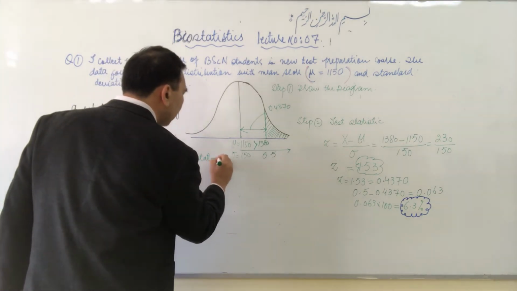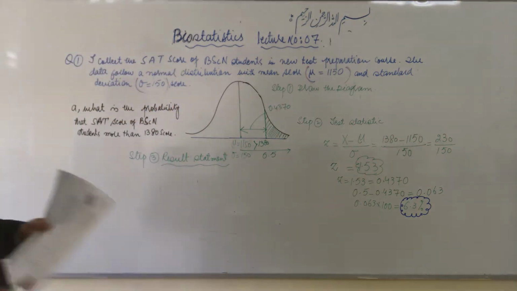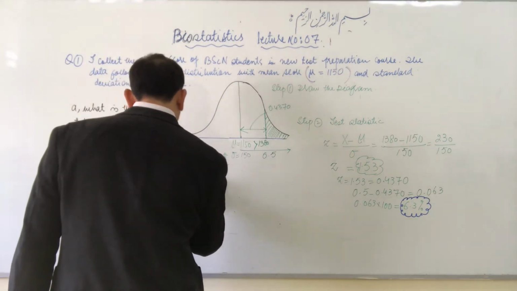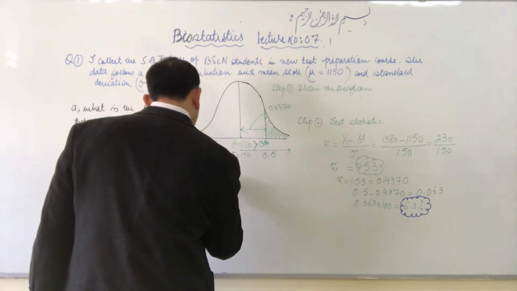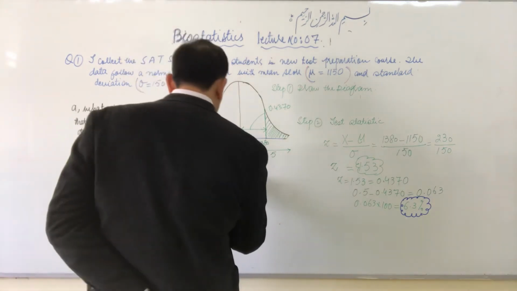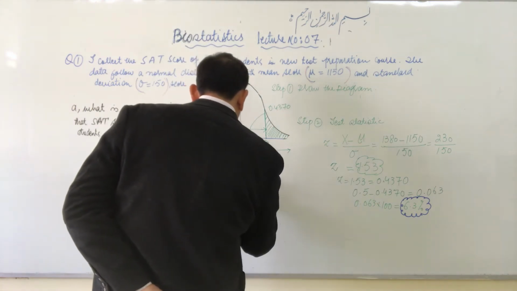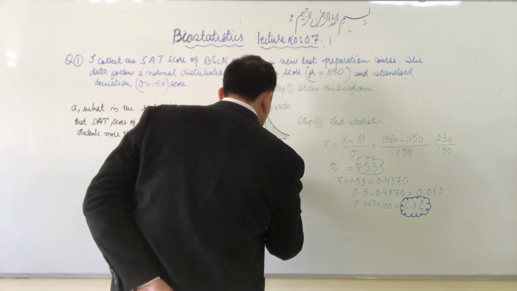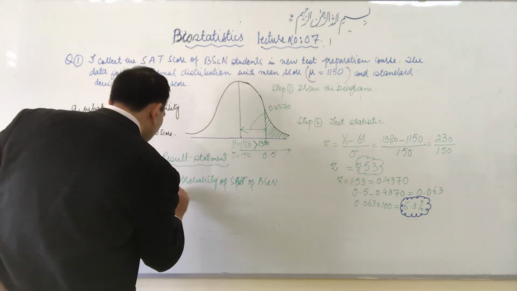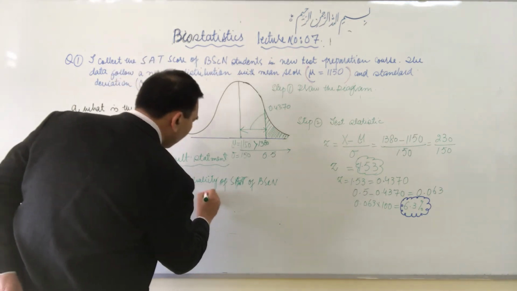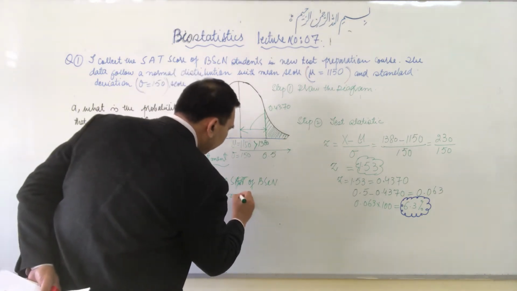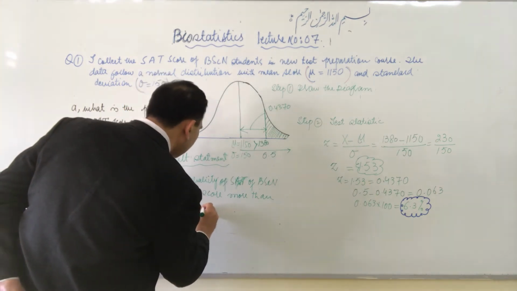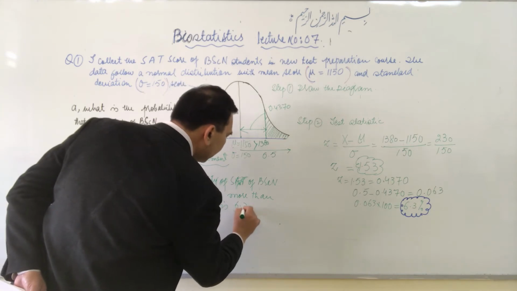In the result statement we say: the probability of BSN students scoring more than 1380 marks is 6.3%.